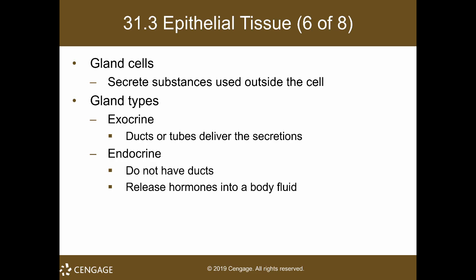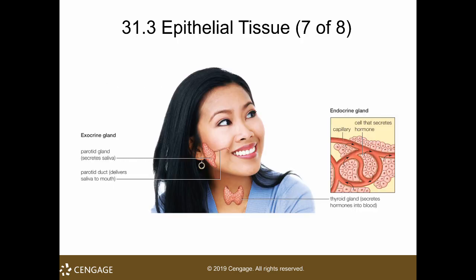Then we have the endocrine glands. Endocrine glands do not have ducts. So what happens to their secretions? The endocrine glands release their secretions into the body through the circulatory system. It's the blood vessels that transport their secretions.